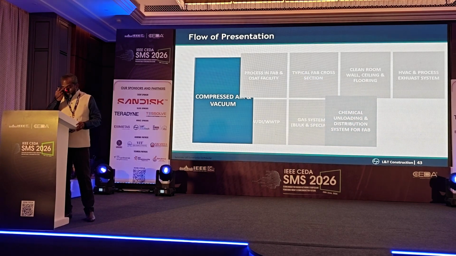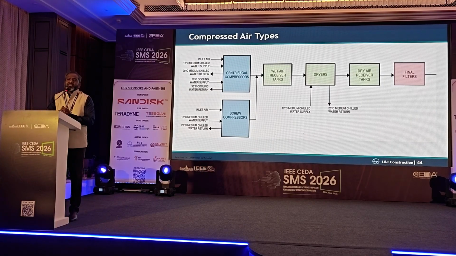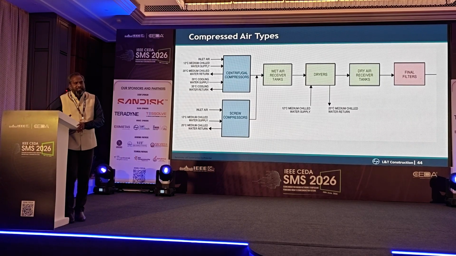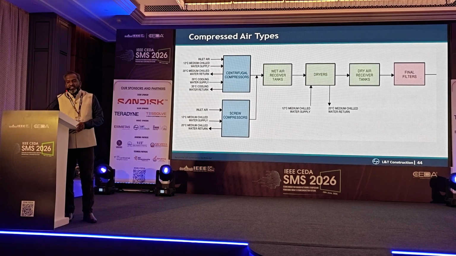Quickly go to compressed air. This is very similar to any of the industrial compressed air, but we have special filters to remove moisture. You will have a little bit of traces of oil, so that needs to be filtered out, and any particles. Right? This is CDA, compressed dry air.